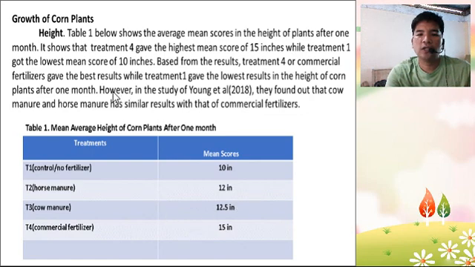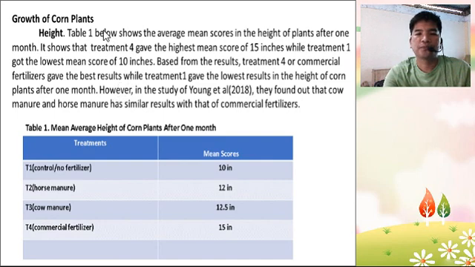So in your cross-referencing, you have to put the result of the study of other scientists who conducted the same or similar studies as yours, no? It may contradict or it may support the result of your study, no? Pwede niyang kontrahin or pwede niyang suportahan yung iyong resulta ng iyong study.